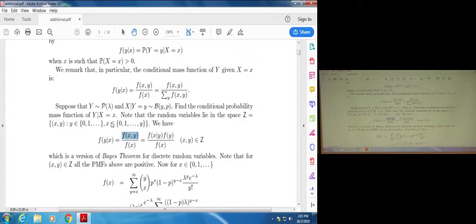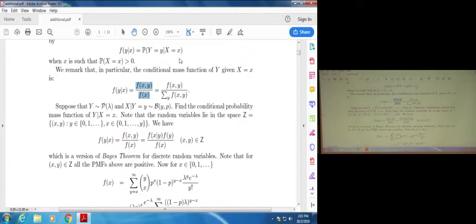This is the joint over the marginal on x, and since x and y are discrete, f x of x is just the sum over all possible y's of fxy of xy. So this gives us a formula for computing conditional probability mass functions.